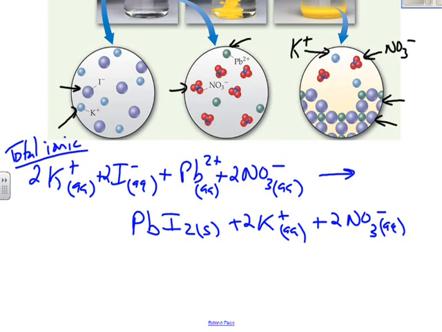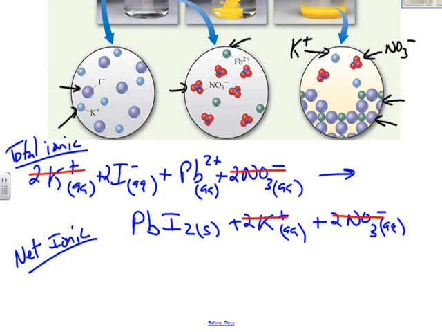Quite often we shorten this down to just the net ionic equation. In the net ionic equation, we're going to leave out the spectator ions, the ions that do not react. So that would be our potassium and our nitrate.